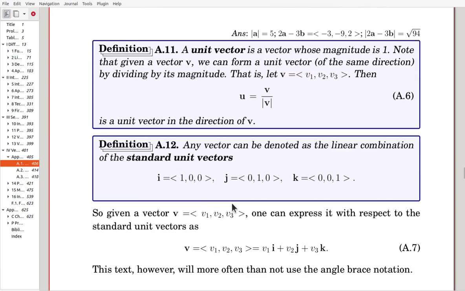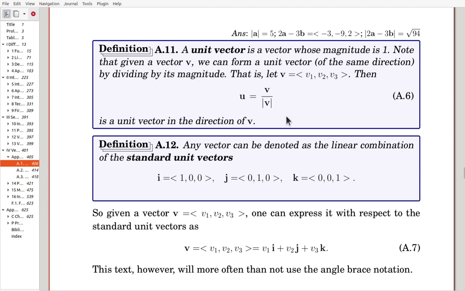A unit vector is a vector whose length is 1. In many cases, for a given vector, you may try to find a unit vector in the same direction. Once a vector v = (v1, v2, v3) is non-zero, a unit vector in the same direction can be defined in this way.